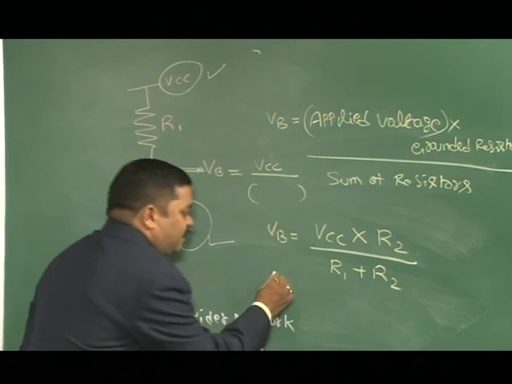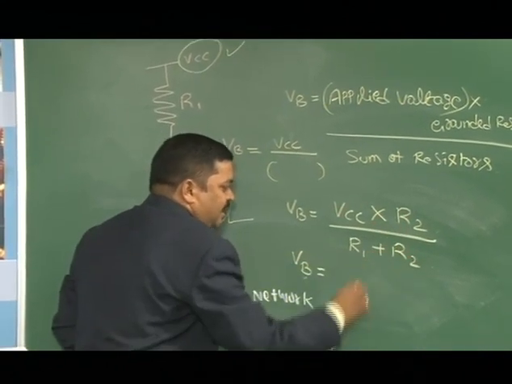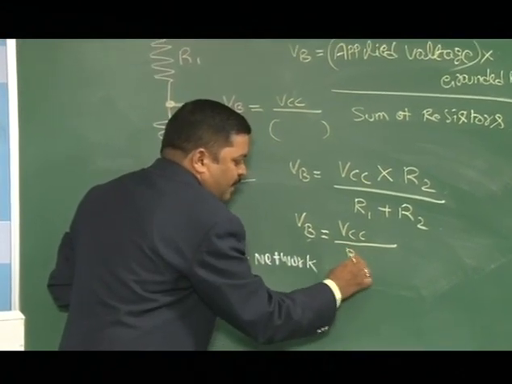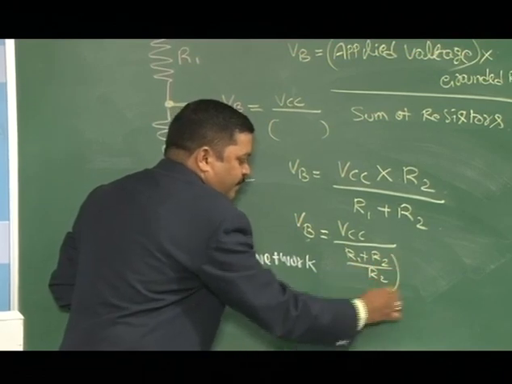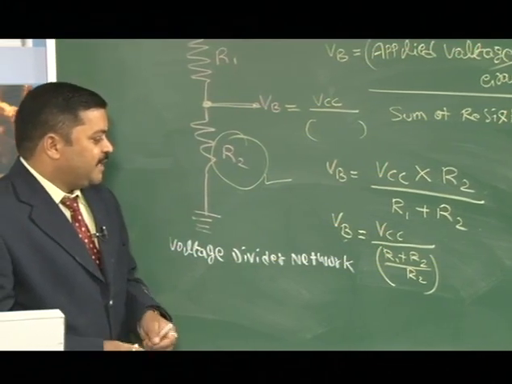So VB we can write now by taking R2 to the denominator. Therefore, VCC gets divided by (R1 plus R2) divided by R2. Now, why is this called a voltage divider network?